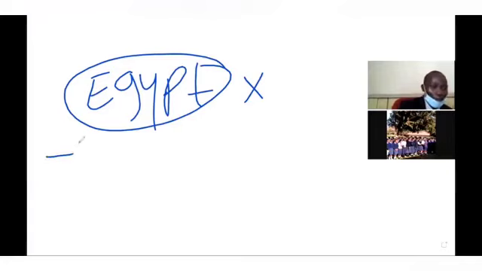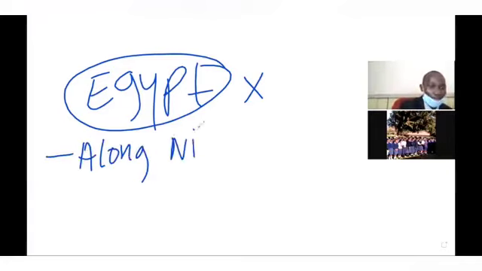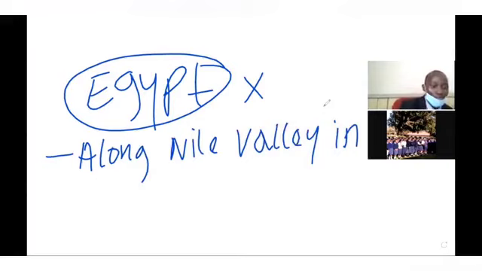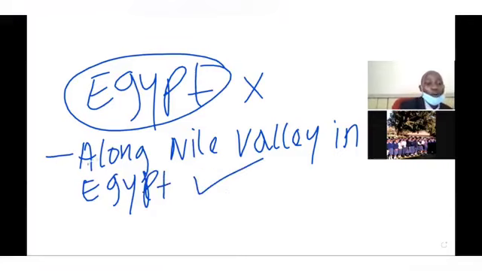So you are supposed to talk about along Nile Valley in Egypt, or along Nile Valley, and then you will score a mark.